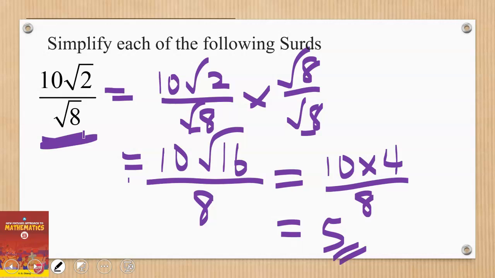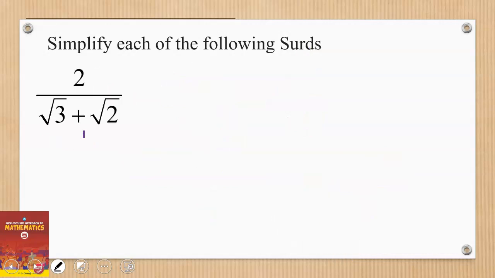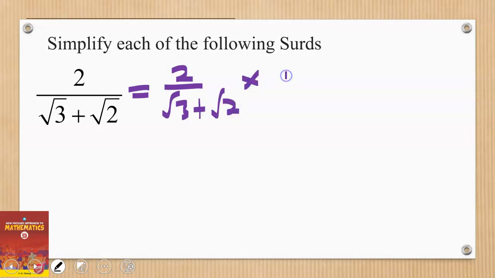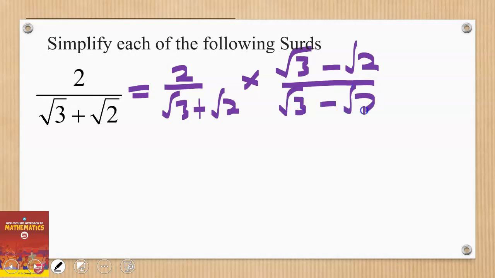Right. Let's try the last one. Let's use the conjugate set here. So again, we can write the same thing as 2 over root of 3 plus root of 2. Then I multiply this by root of 3 minus root of 2 divided by root of 3 minus root of 2.